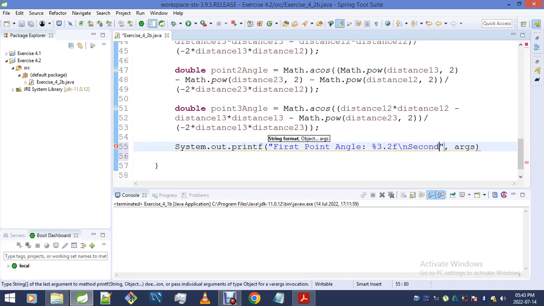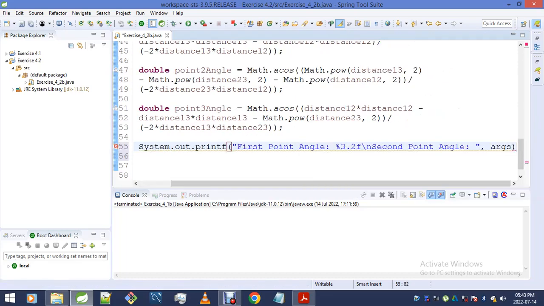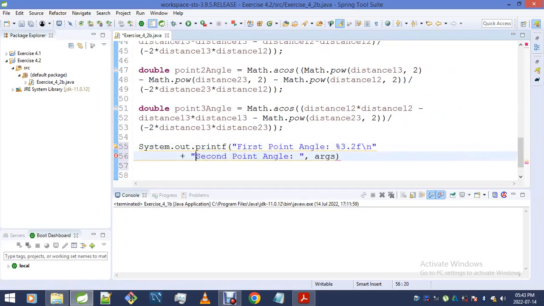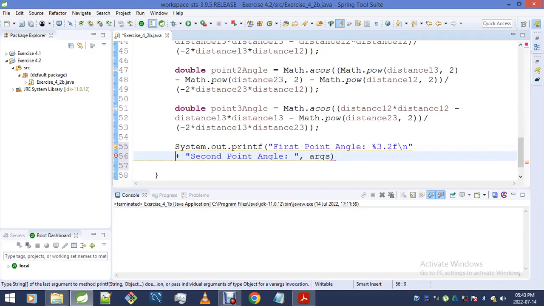Second point angle is given as, let me go to the next line, so that everybody can see what's going on. Second point angle is gonna be given by that.